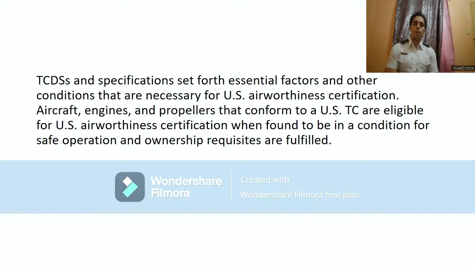The TCDS and specification set forth the conditions that are necessary for U.S. airworthiness certification. Aircraft, engines, and propellers that conform to the U.S. TC receive U.S. airworthiness certification when found to be in condition for safe operation.